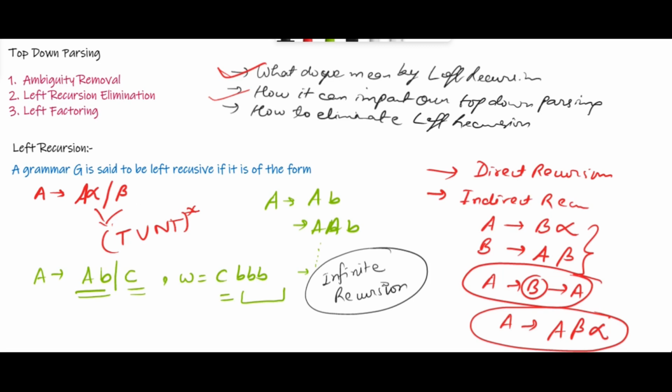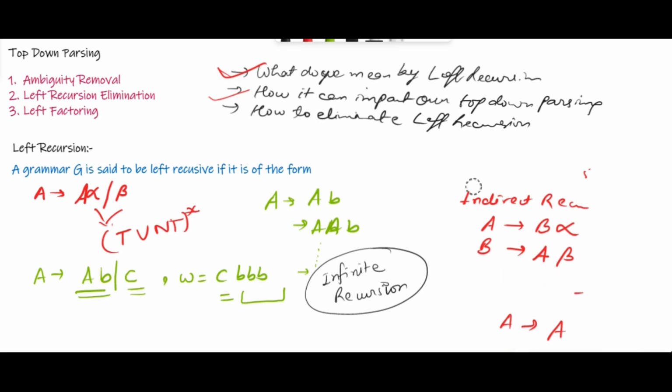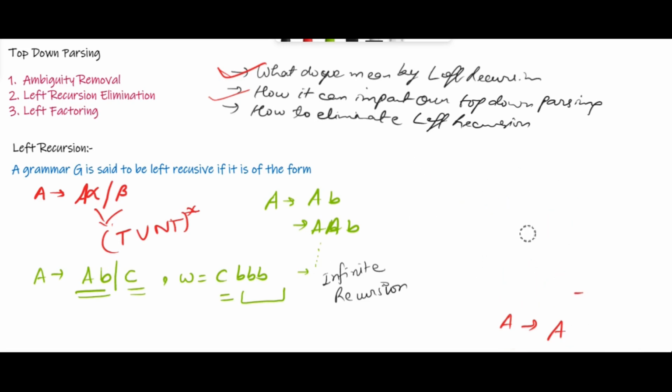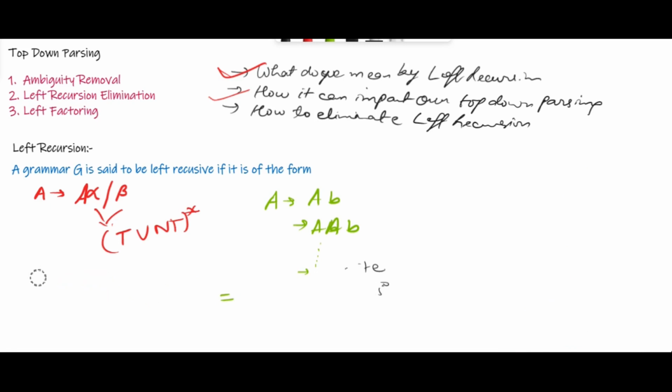In order to avoid this and perform our top-down parsing well, we eliminate left recursion first, then go for top-down parsing. So, let's check how to eliminate this left recursion from the grammar.